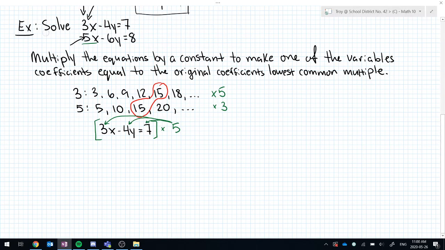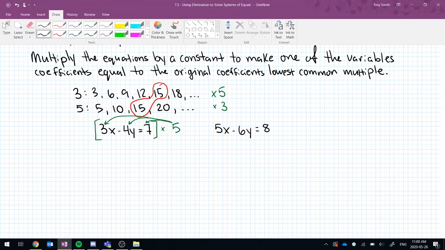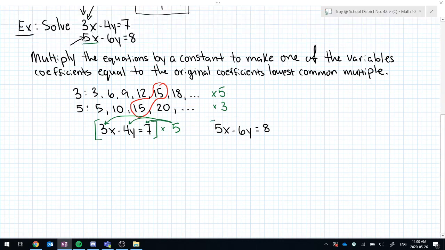And I'm going to do the exact same thing with the other equation. It's 5x minus 6y equals 8. And just like we said, we're going to multiply the entire thing by 3.